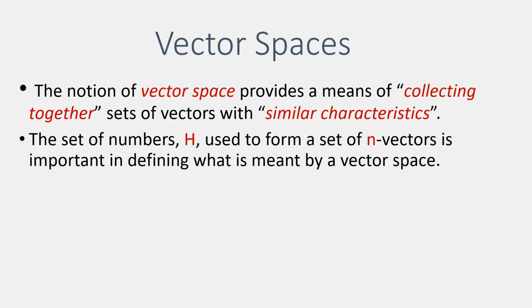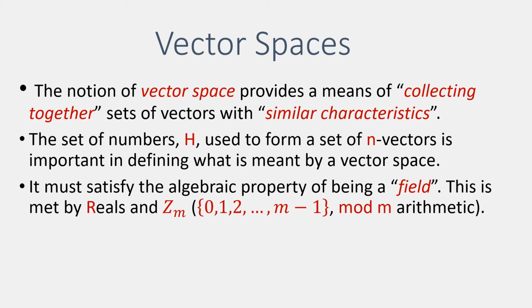Well, before going on to that, one thing I should point out is vectors, as we saw in the last lecture, are characterized by an underlying set of numbers, some set of numbers H. And that choice of set is extremely important when it comes to defining what we mean by a vector space.